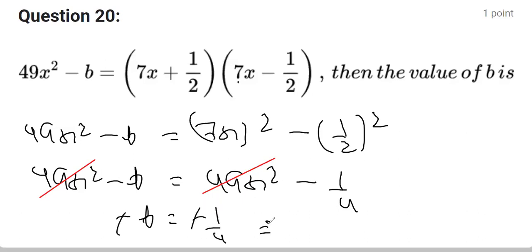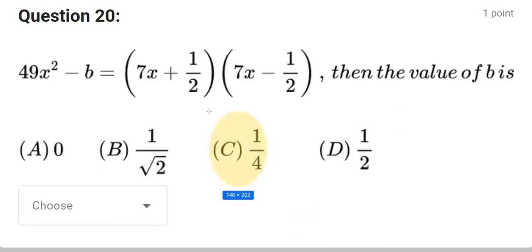So it implies that the value of b is positive 1 by 4. The value of b should be taken as positive 1 by 4. This is what we need to get. We can even check the answer from here. Yes, this is the correct answer.